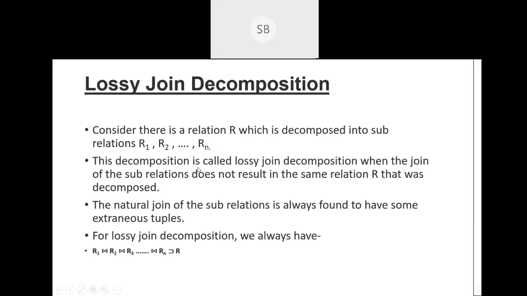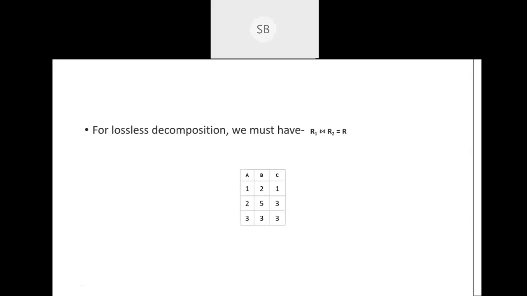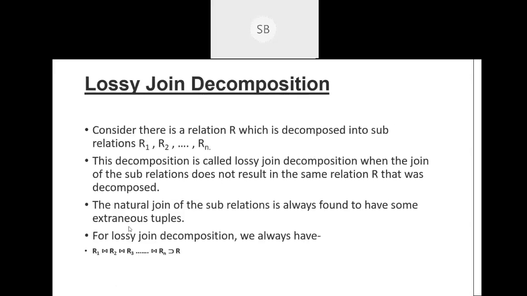This decomposition is called lossy join decomposition when the join of the sub-relations does not result in the same relation. That means in the previous case, after we joined these two tables at AB and BC, we got the original table. But if we don't get the original table, that means we have lossy decomposition. The natural join of the sub-relations is always found to have some extraneous tuples.